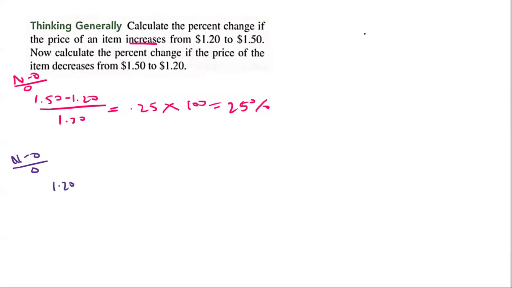So 1.20 minus 1.50 divided by 1.50. When I put this in the calculator, we get a negative 0.2. And then multiplying this by 100 gives me a negative 20%. Okay, and that's what I want. I should have that negative number indicating that it is a decrease.